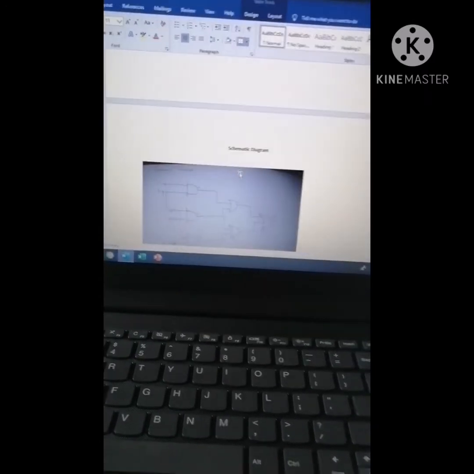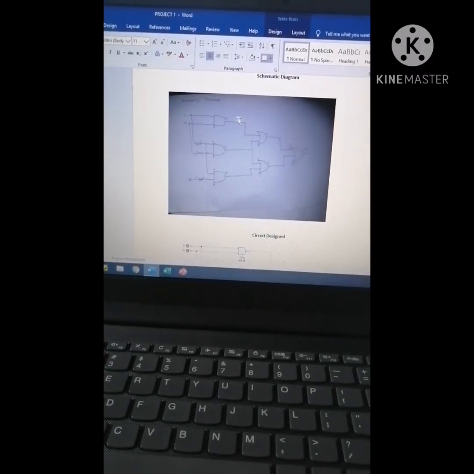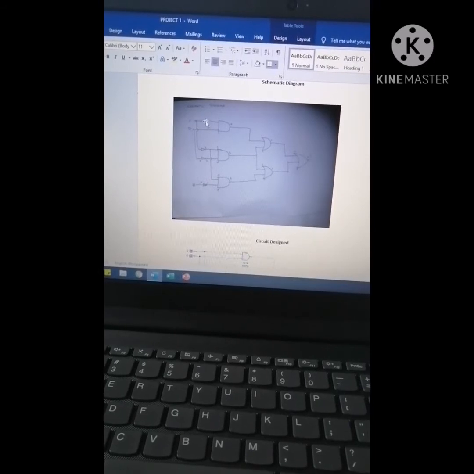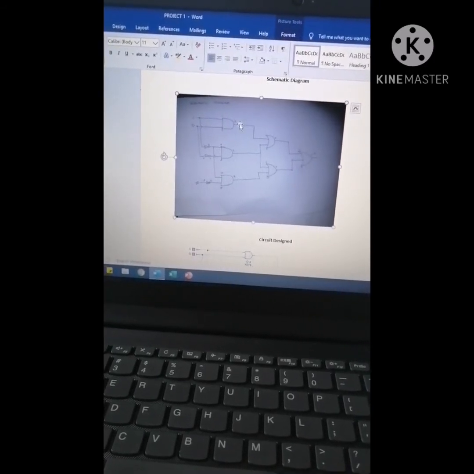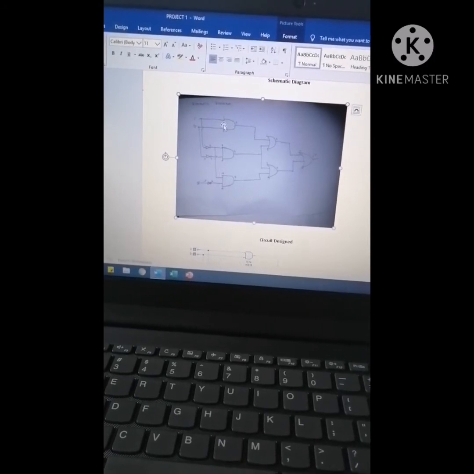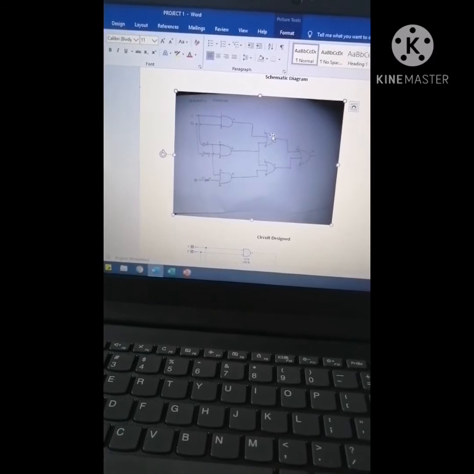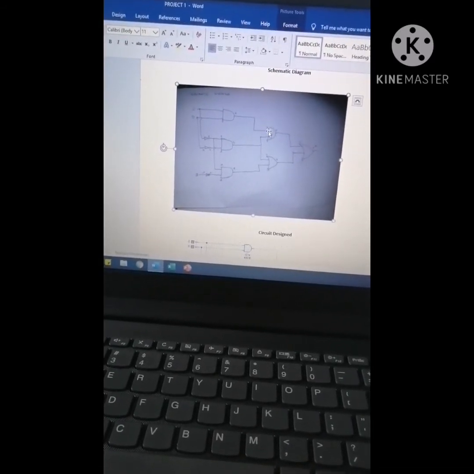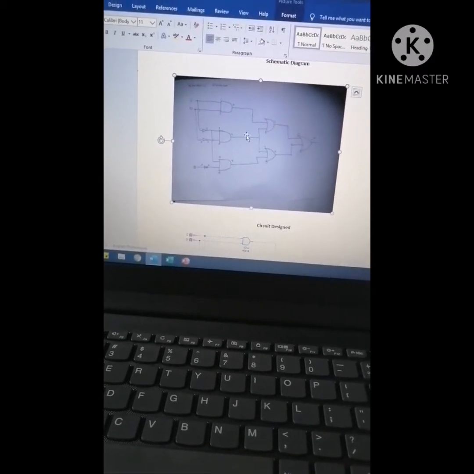Next is the schematic diagram. Two inputs, then the output of the first AND gate is connected to the OR gate, and the rest.